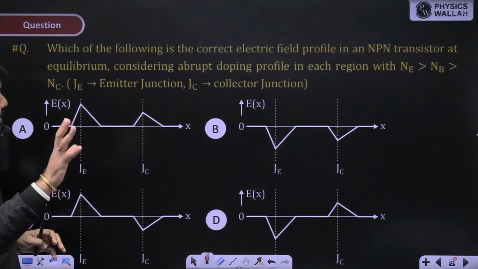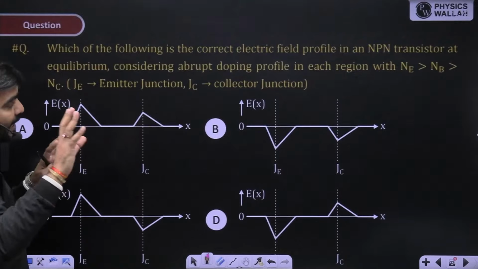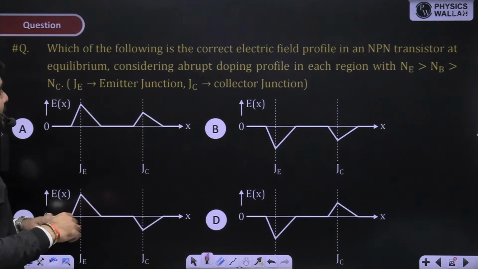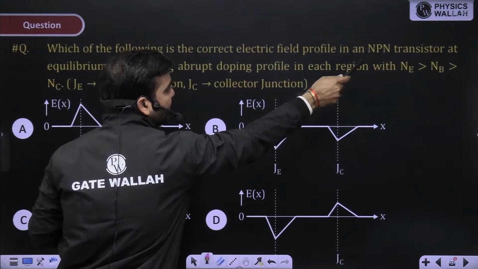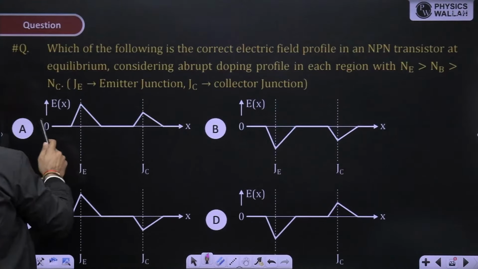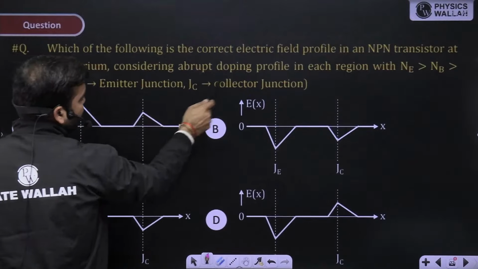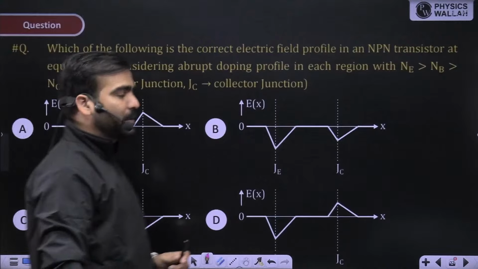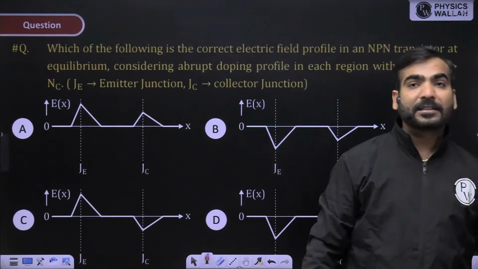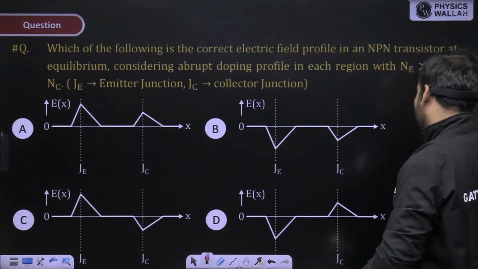This complete BJT has an abrupt doping profile. Considering an abrupt doping profile in each region, with emitter doping greater than base doping, and base doping greater than collector doping. Junction JE is the emitter junction, JC means the collector junction. And these are the profiles you are having. Which one of the following will be correct for an NPN transistor? Okay, let's draw it.